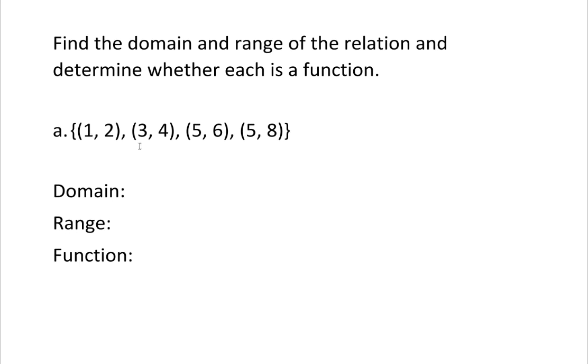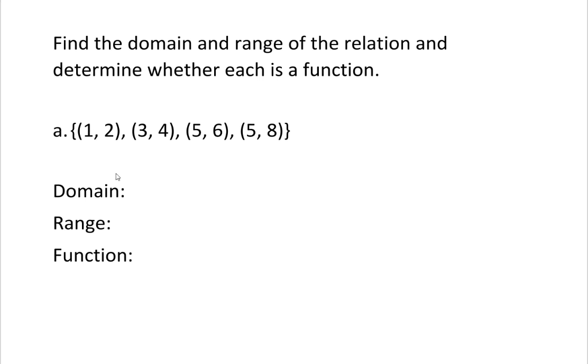But then all of these ordered pairs are grouped together using these braces on the outside, or curly brackets. Sometimes I call them squiggly brackets, but these curly looking brackets are what enclose a set.